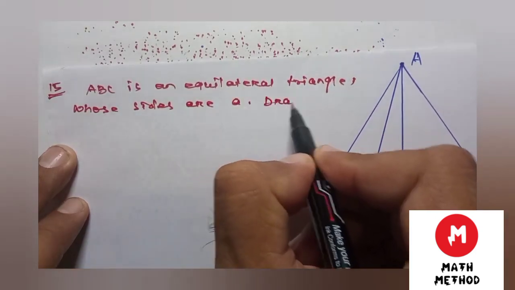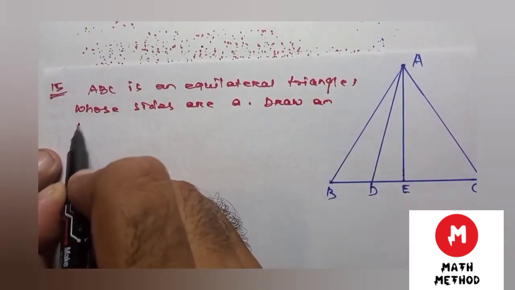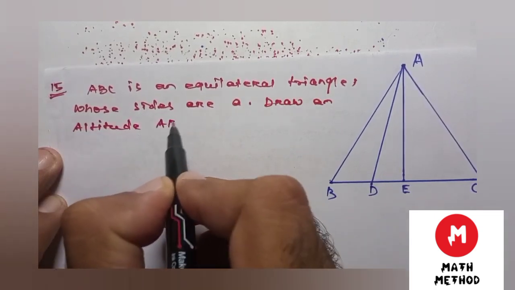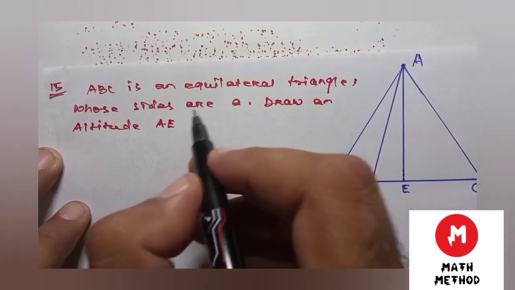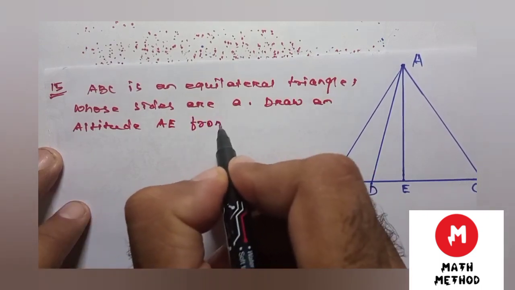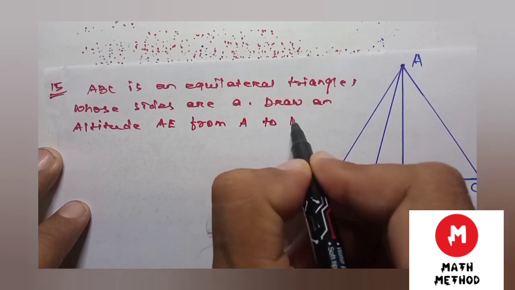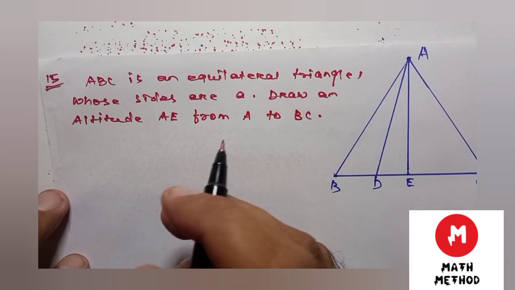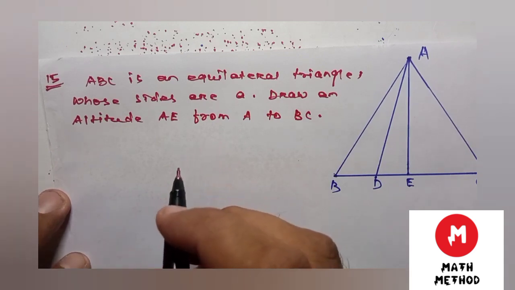Draw an altitude AE from A to its opposite side BC. Clear? So also given that BD equals 1/3 of BC.